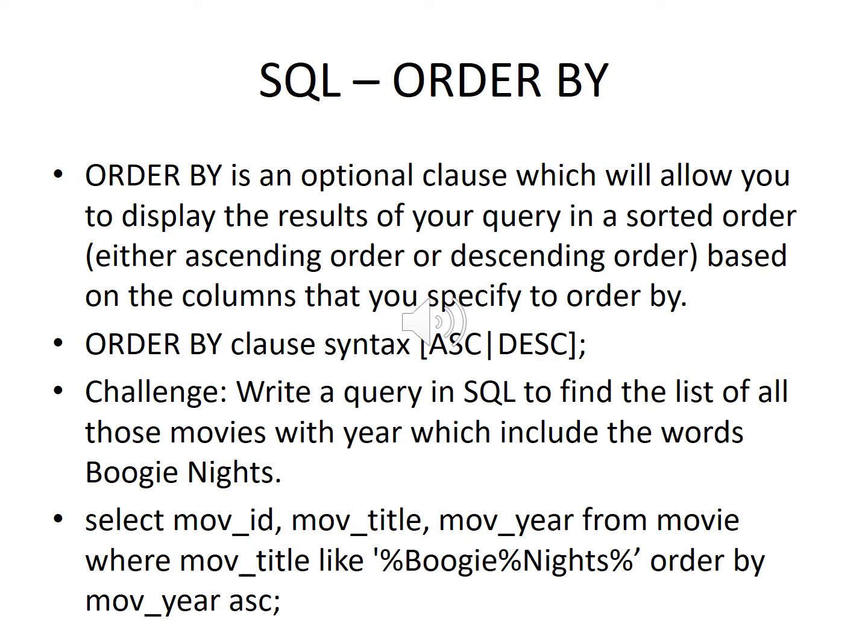write a SQL query to find the list of all of those movies along with the year, which include the words Boogie Nights. So in this case, we will write a query that will select movie ID, movie title, movie year from movie table, and then we'll specify the condition that the movie title should include the words Boogie Nights.